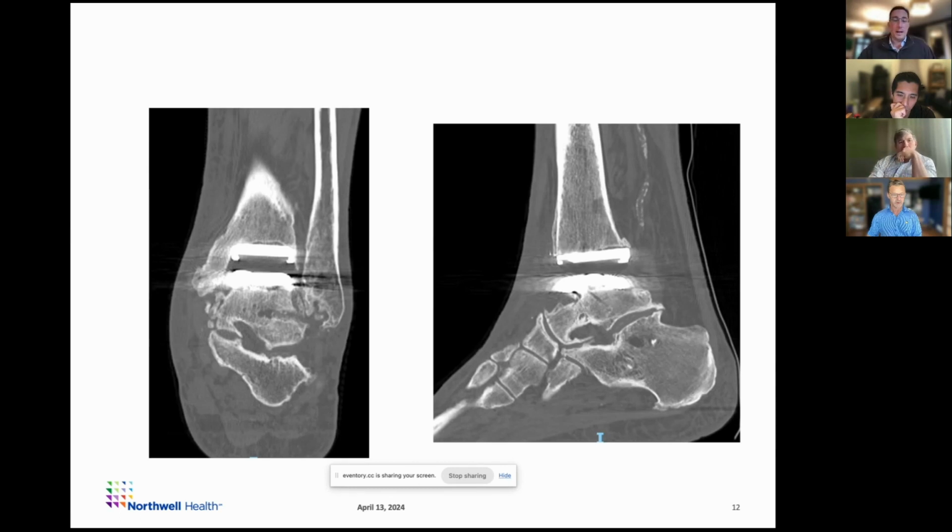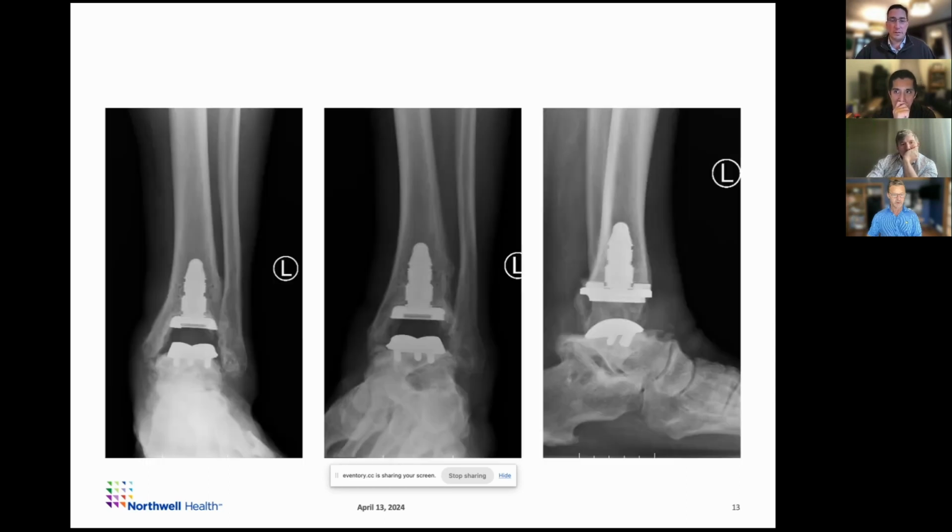And he and I had a specific discussion on revising this. We tried everything. We tried bracing, and we did not rush into it. The infection workup came back negative. Ultimately, determined him to have some tibial cystic formation, and he was in fact loose. Took him back for a revision, did an in-bone, and he did extremely well.